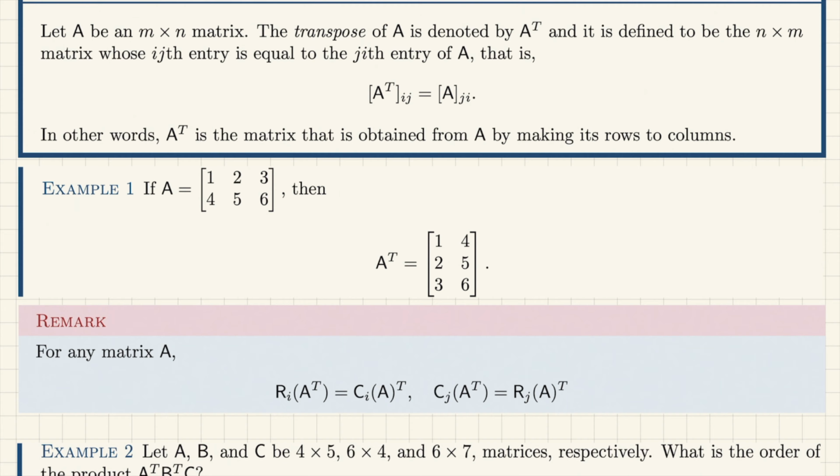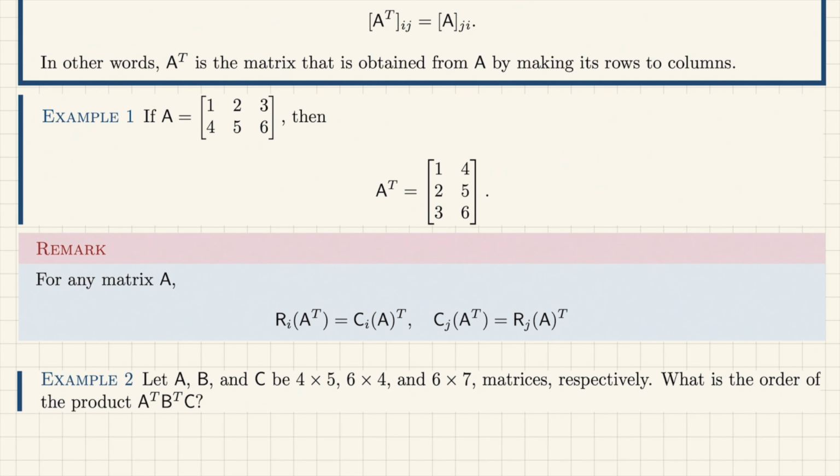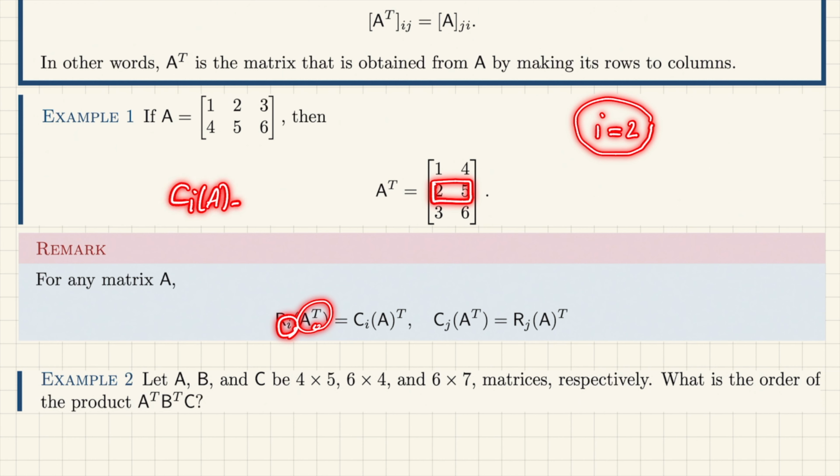It's clear. So now if I ask you, for example, what is the ith row of A transpose? Let us take i to be 2 to understand this. This is very simple. So the second row of A transpose is 2, 5. On the other hand, the second column of A is 2, 5. Yes?